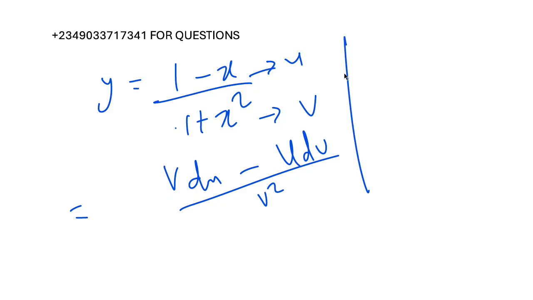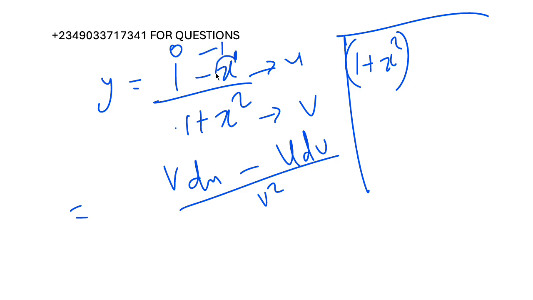So the v is 1 plus x squared, right? Now we're doing v du. If you differentiate 1 minus x, the differential of 1 is 0. The differential of minus x is minus 1 because the 1 on x will come down and then raised to power 1 minus 1, which is 0. That's x raised to power 0, which is 1. Then 1 times the negative, that's minus 1.